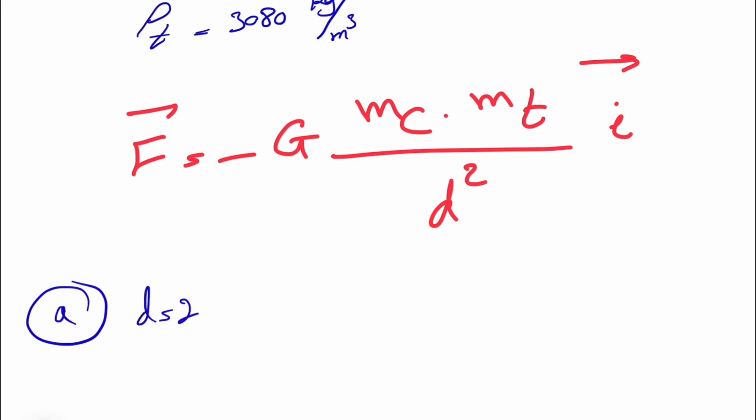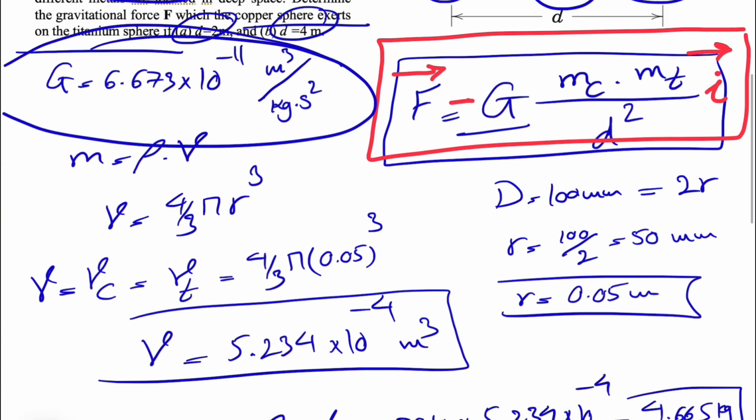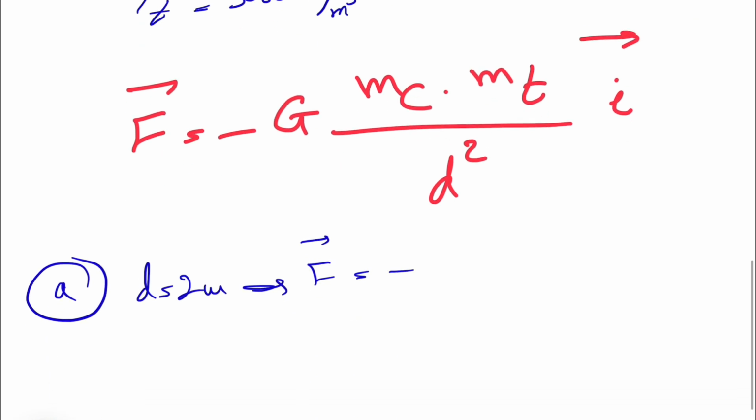In the A part, our d is 2 meter, so our F will be minus G, which as we talked about at the beginning of the question, is 6.673 times 10 to the minus 11, times the mass of each.